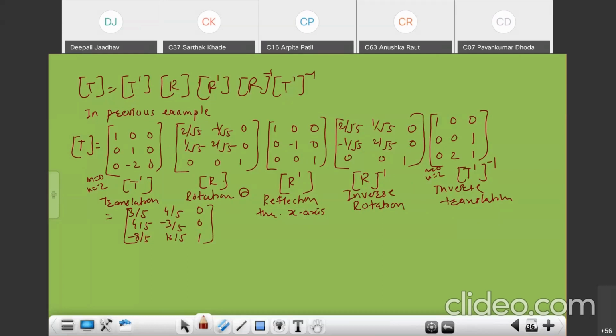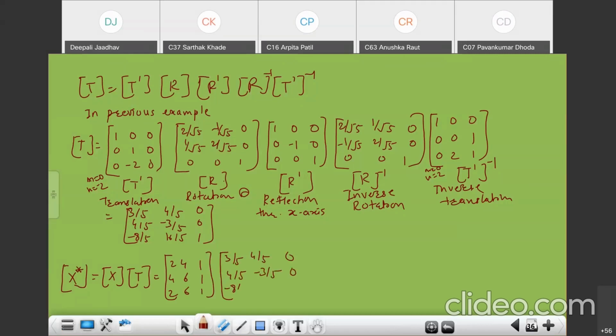Simply, you can multiply the original object with this T. The original object is our triangle 2, 4, 1, 4, 6, 1, 2, 6, 1, and this transformation matrix 3 by 5, 4 by 5, 0, 4 by 5, minus 3 by 5, 0, minus 8 by 5, 16 by 5, 1, which is equal to 14 by 5, 12 by 5, 1.